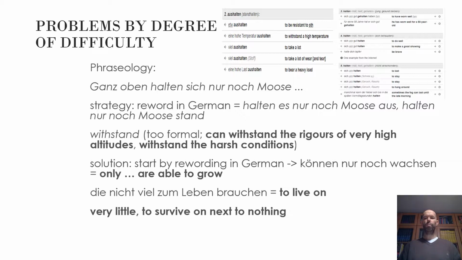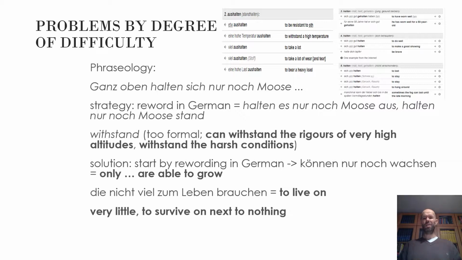And we could base our translation on this kind of collocation and say something like "only mosses can withstand the rigors of very high altitudes", or "can withstand the harsh conditions prevailing at very high altitudes".